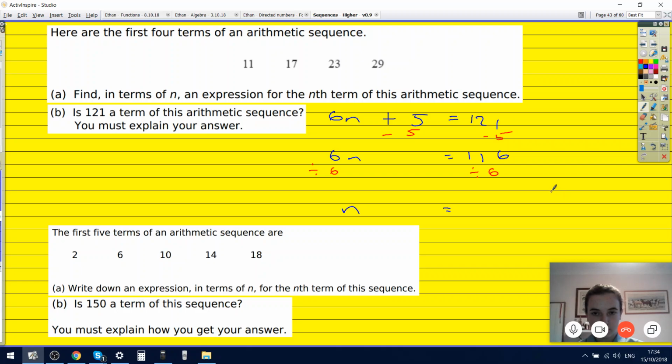How many 6s in 11? 1, remainder 5. How many 6s in 56? 9. Remainder 2.